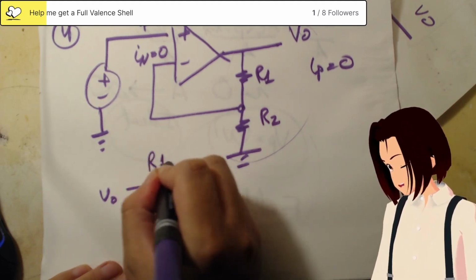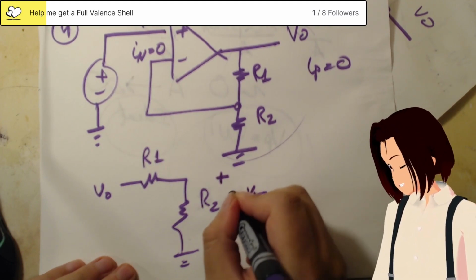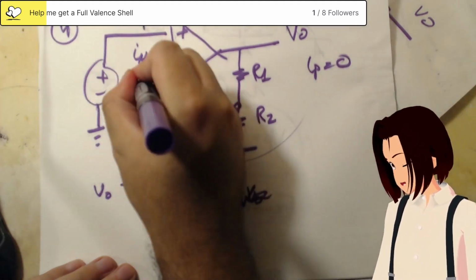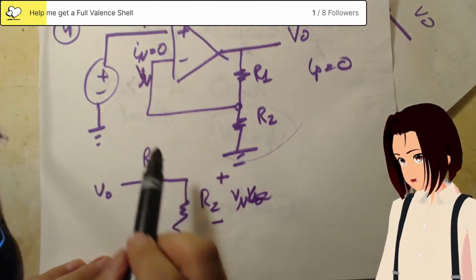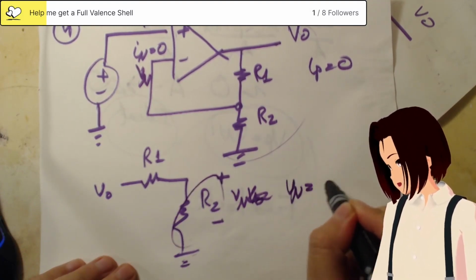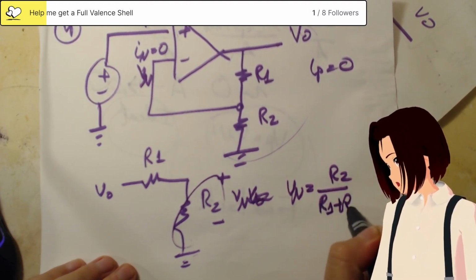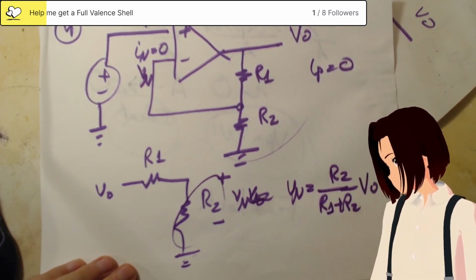So we have R1, we have R2. This right here is Vn. So Vn is equal to R2 over R1 plus R2 times VO.